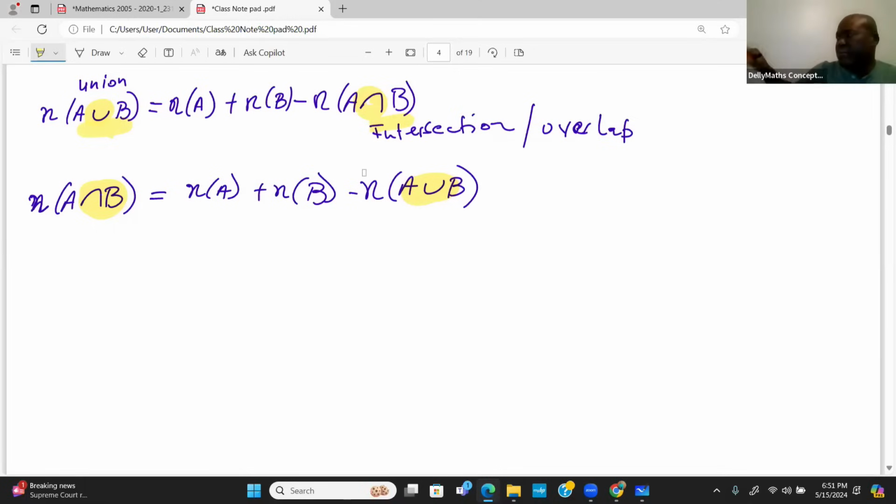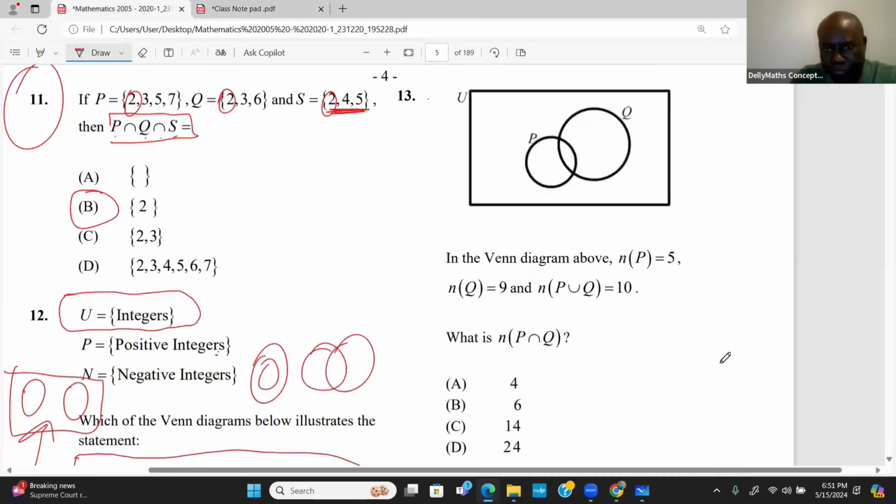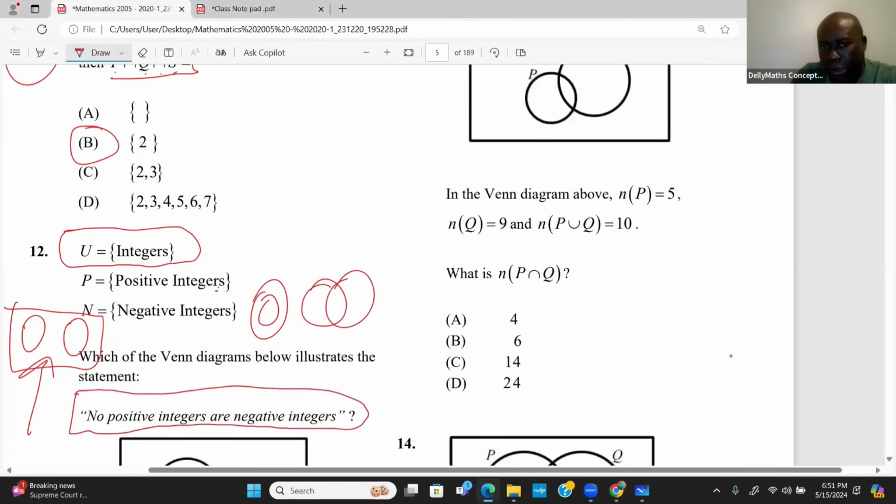Let's answer this question. So answering the question that was here. So I'm going to write it back now. They're dealing with P and Q. They're asking for this. So I'm saying the number of elements in P intersect Q is equal to the number in P plus the number in Q minus the number in P union Q. Because when they ask for one, you'll get the other.